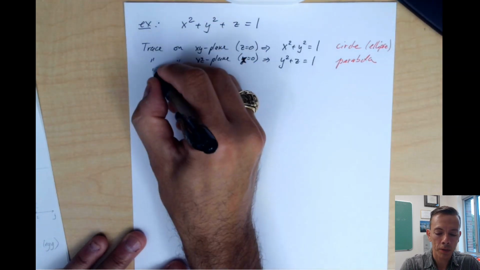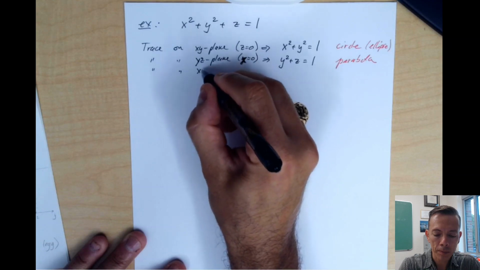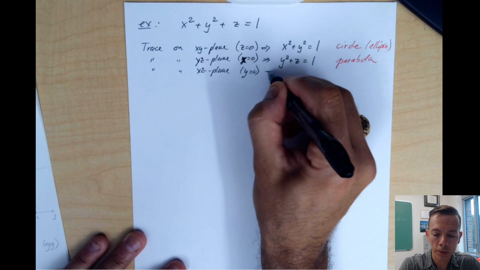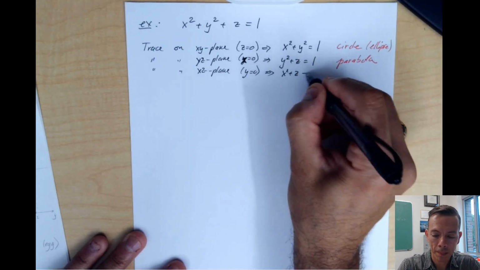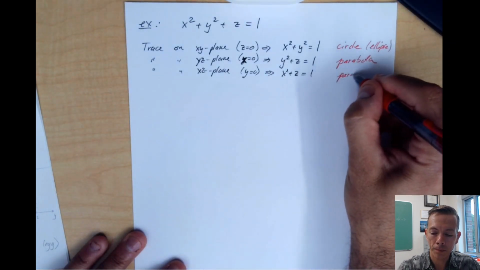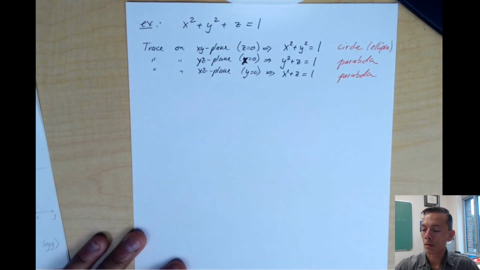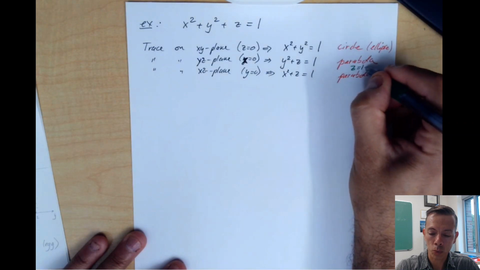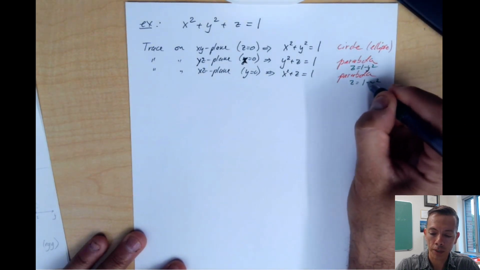And the same thing with the third axis, the xz plane, which is when y equals 0. You get another parabola. If you want, you can solve these parabolas for z equals 1 minus y squared, and z equals 1 minus x squared.